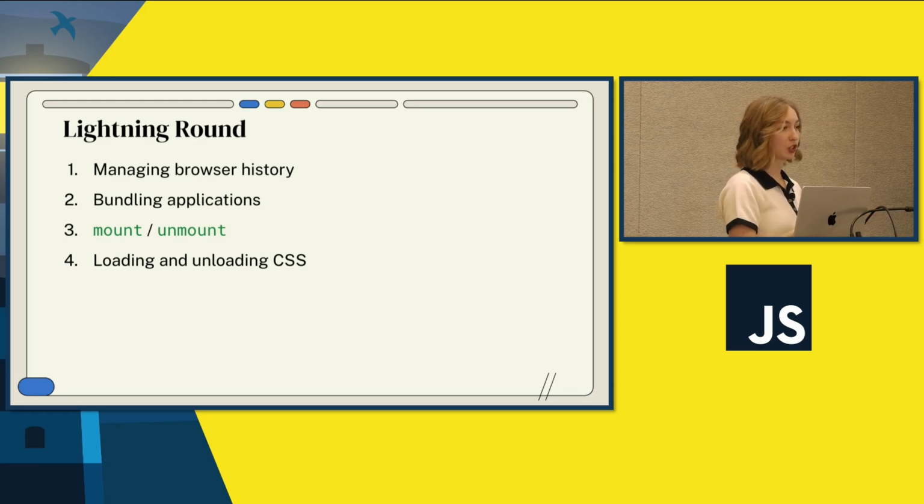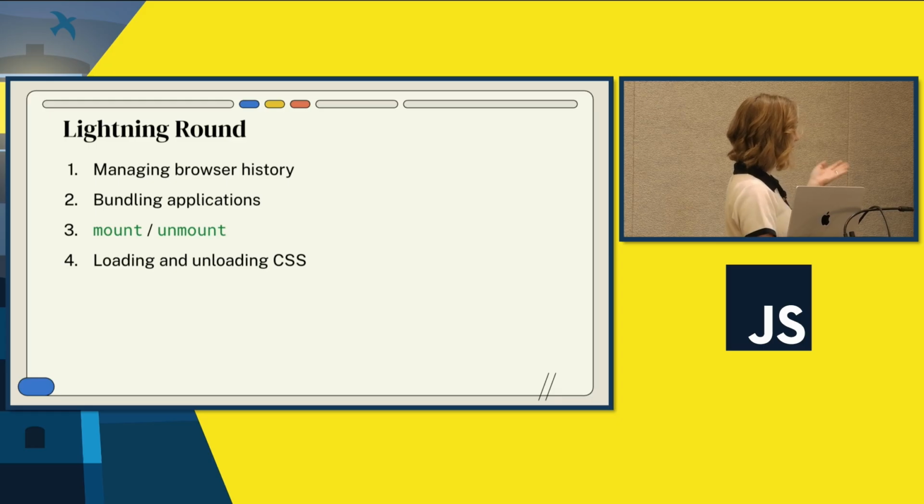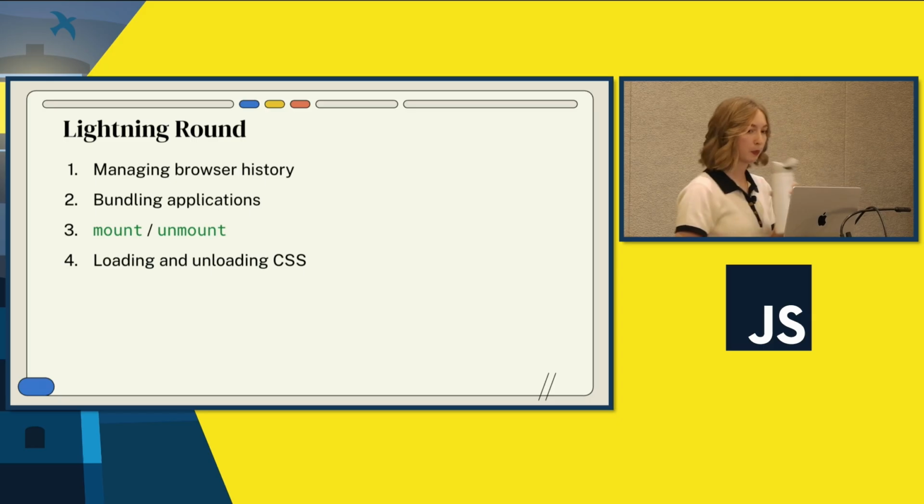So they might actually end up with CSS collisions if you're not careful. So you want to have a way where you can load in the CSS when something mounts, and you can kick it all out when it unmounts. We're using a Vite plugin to do this for all of our React apps. So again, this is something where you can come up with a standardized way to do it and then provide tooling to your micro front ends. They don't each have to reinvent the wheel on this.